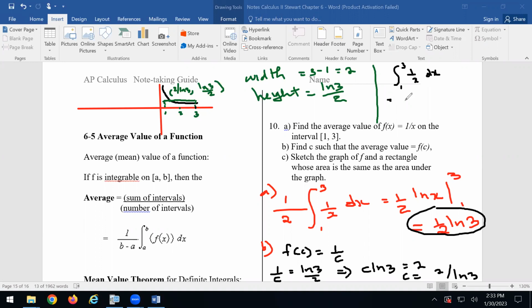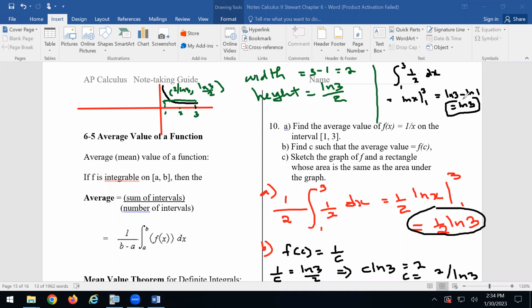And so that would just be ln x from 1 to 3, and plug those in. So that's just going to be ln 3 minus ln 1. ln 1 is 0, so that's just ln 3. So the area under the curve between 1 and 3 would just be ln 3.